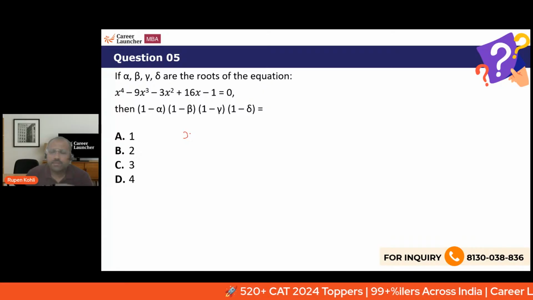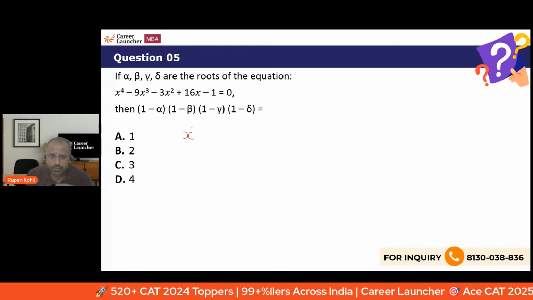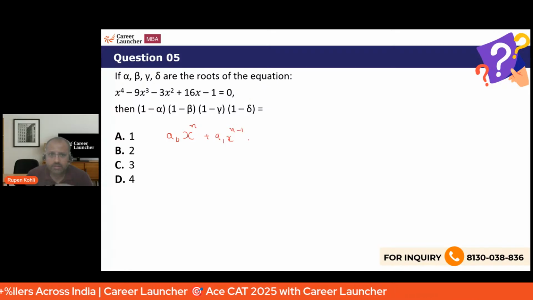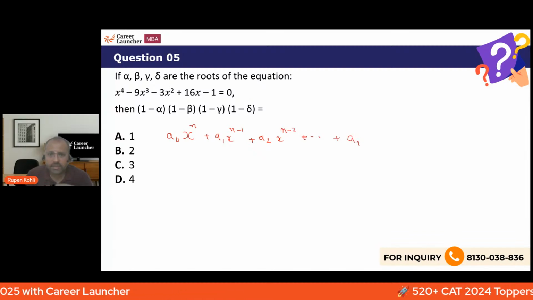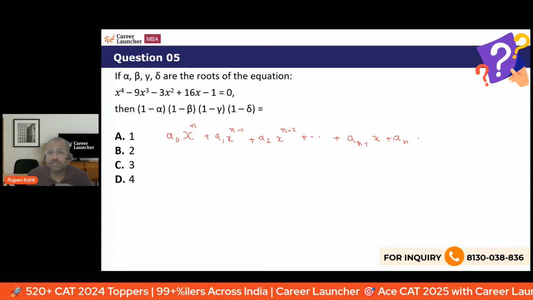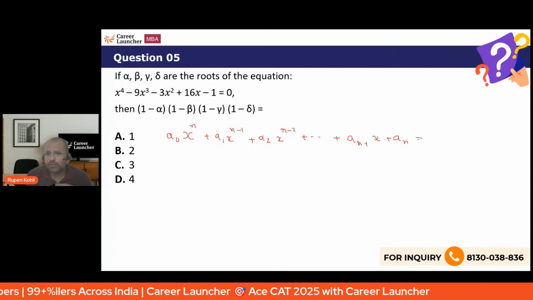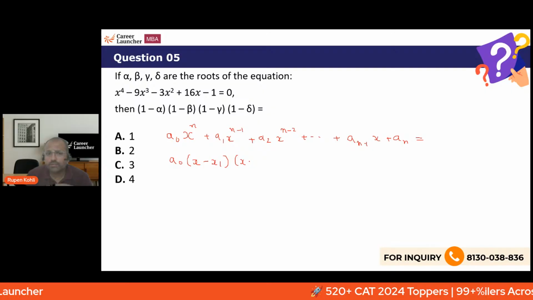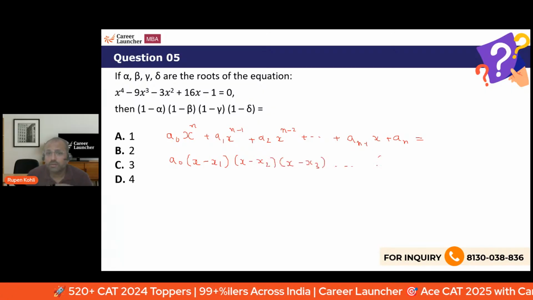If there is any polynomial of n degree, and it looks like in general a naught x^n plus a1 x^(n minus 1) and so on, until the constant term, let's say last will be a(n minus 1) into x plus a n. This whole expansion is an nth degree polynomial. If it has roots x1, x2, x3, then we all know that this equates to a naught, obviously being the first coefficient, outside, into the product of all the factorized terms, which is (x minus x1)(x minus x2)(x minus x3), and so on until the last root.